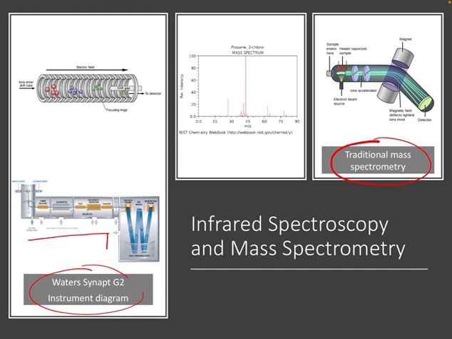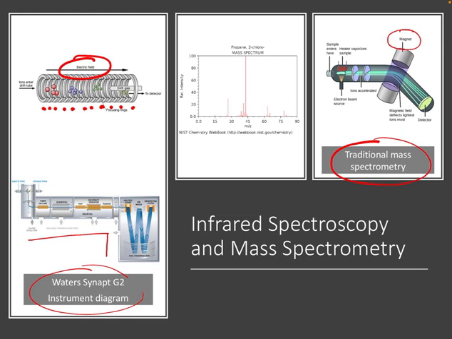So here's the instrument diagram for what I used when I was in school. And basically the main difference was instead of a magnet, which we can see in the traditional mass spec, here we use an electric field, and the electric field is generated by these focusing rings. But we'll talk more about that later.